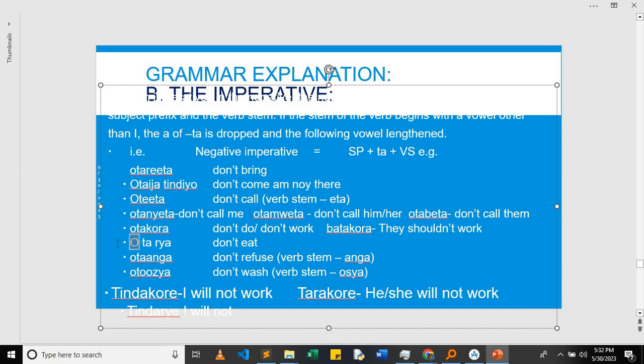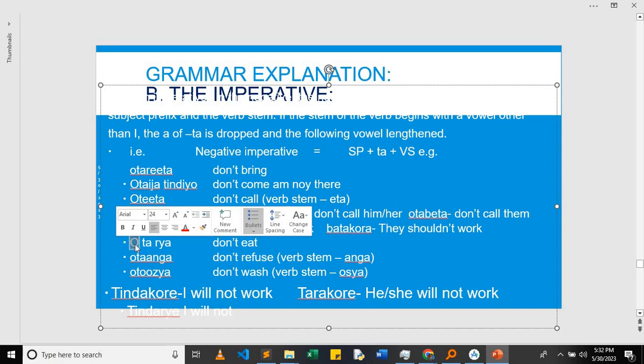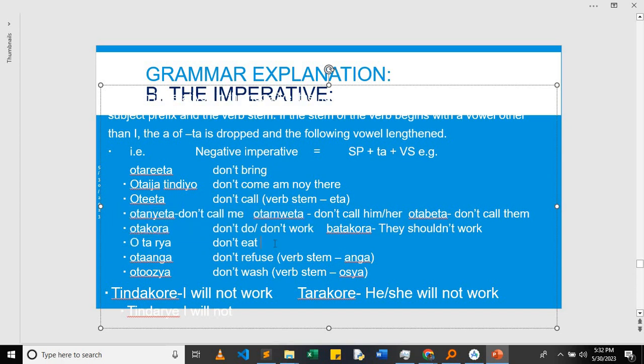So if there are many and you are telling them that they should not eat, you put the word mu, then ta, then mutarya. So you are telling them in plural, don't eat, mutarya. Now, if you are telling somebody that they, a group of them, should not eat, you say vatarya.